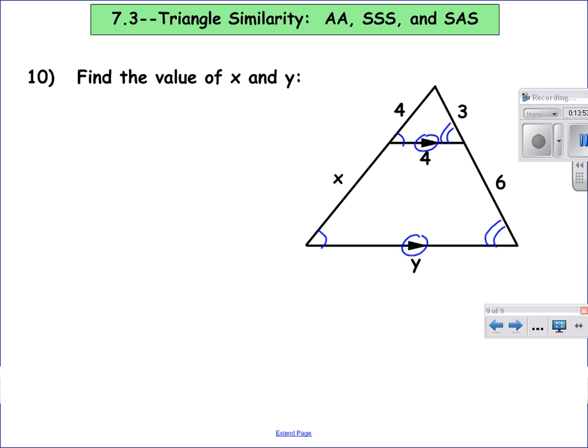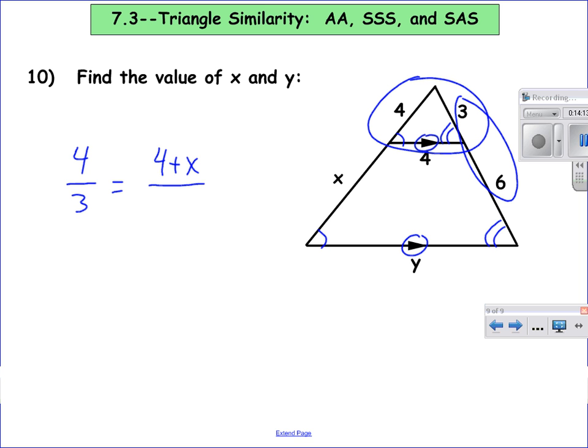For x, we have 4 in this top triangle is to 3. Let's take two sides out of that triangle. And in the big triangle, the 4 compares to the 4 plus x. On the other side, 3 plus 6 equals 9.